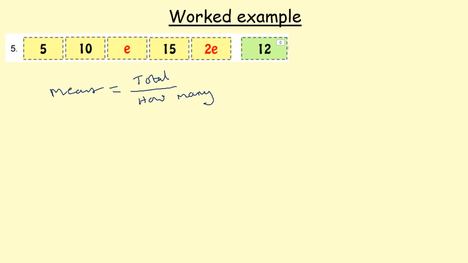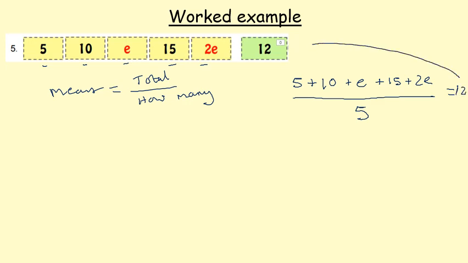So our total, what we can say is we've got 5 plus 10 plus E plus 15 plus 2 lots of E, and for our mean we need to divide this by how many data pieces there are. So there's 1, 2, 3, 4, 5. Fine, so I'm going to write all of that over 5, and we are told that all of that equals what's in that green box, which is 12.